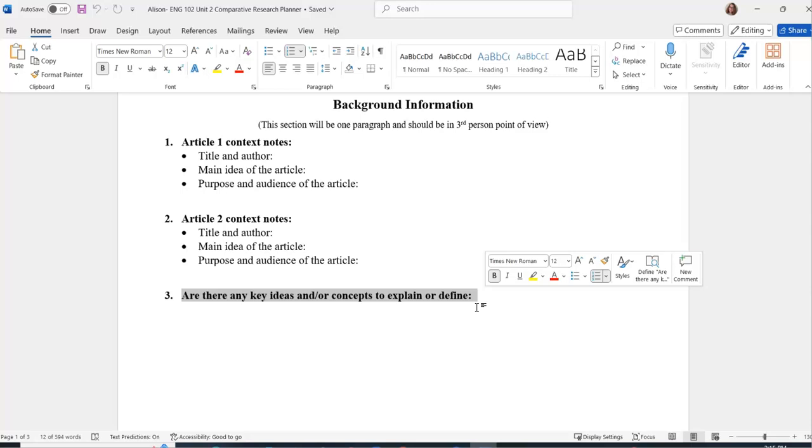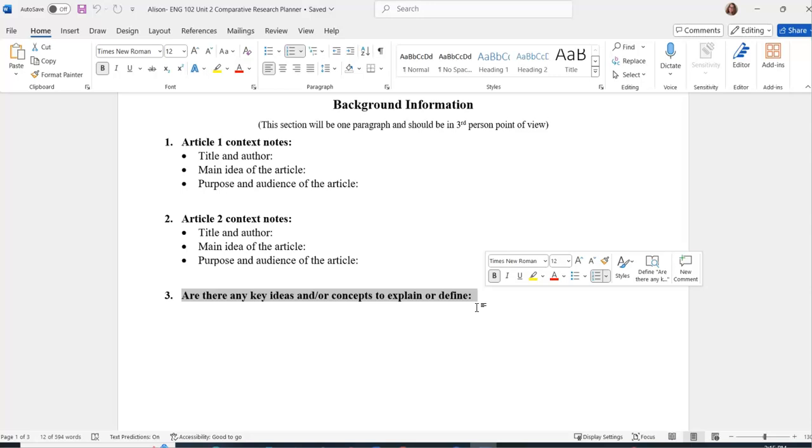So as you continue diving deeper into your topic, there might be some vocabulary or some laws. I always think about this in terms of like a law or maybe a protocol that comes up with your topic. And there are important things that your audience needs to understand as you continue to develop your essay.